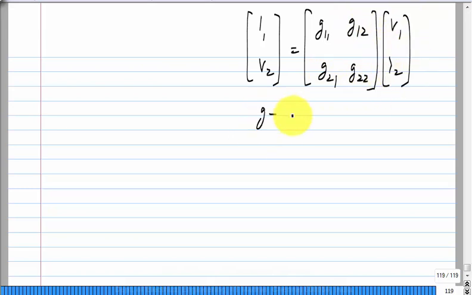Okay. And these are called the G parameters. And as expected, here also you will have a combination of conductance and resistance, okay, and dimensionless constants. Is this fine? The same two port is described by all these things, okay.